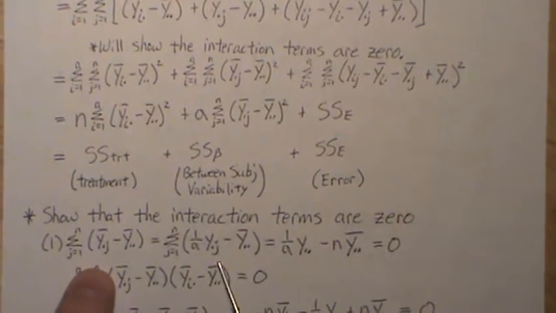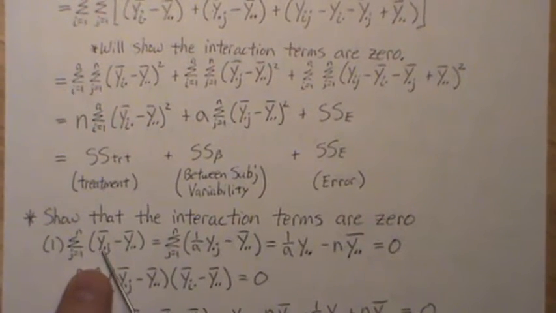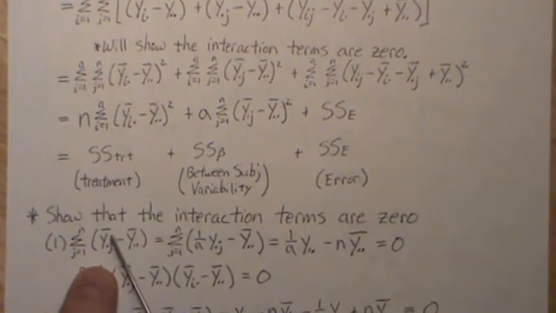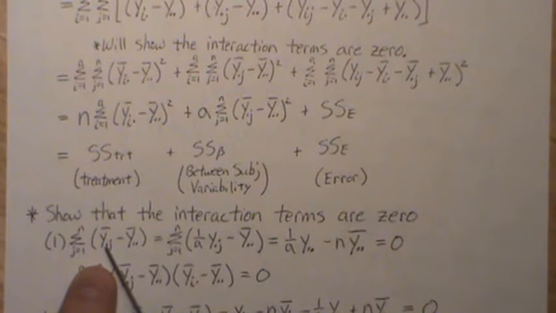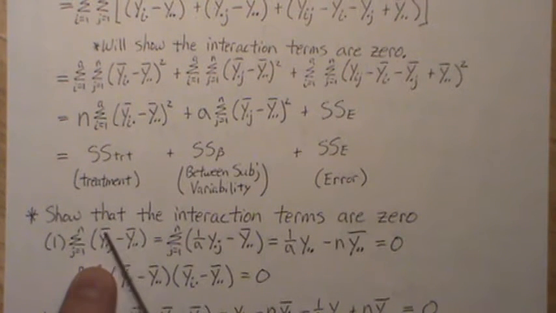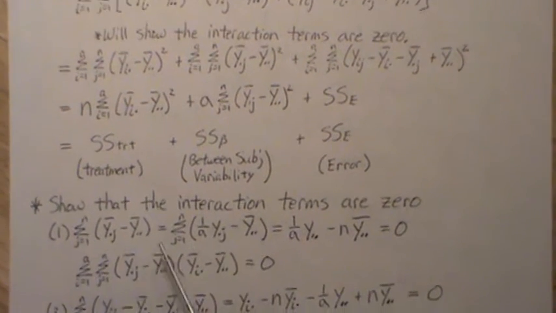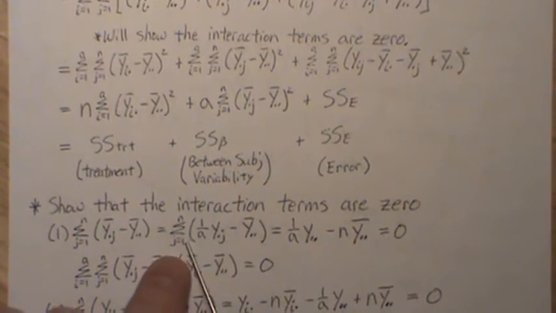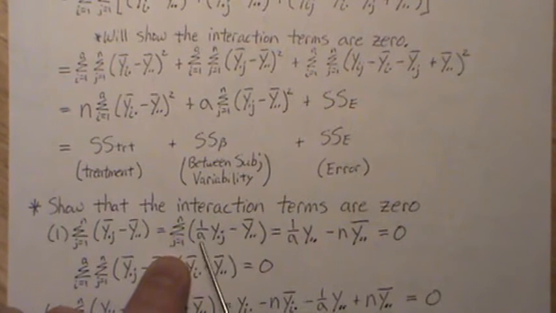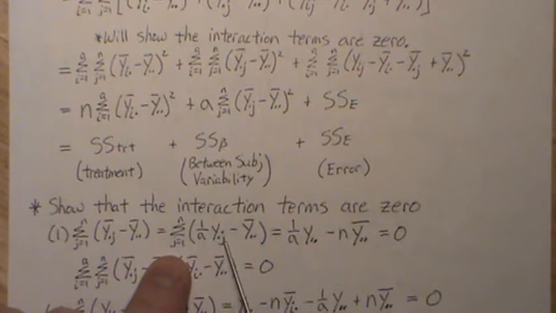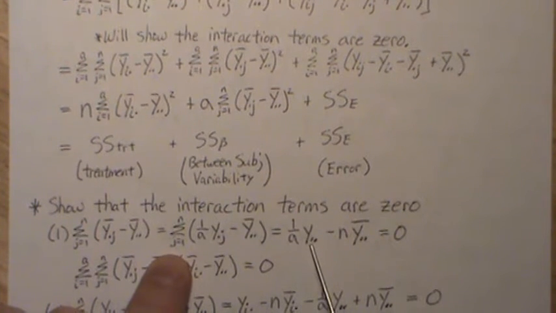And so if you go this way, this is the y dot j bar. That means we're dividing over the index i, so it's 1 over n, and then we take the bar off and it's just y dot j, which is a sum. This is a mean. But I do it that way because when we sum this piece here, we're summing over j, so it's just 1 over a and then y dot dot.